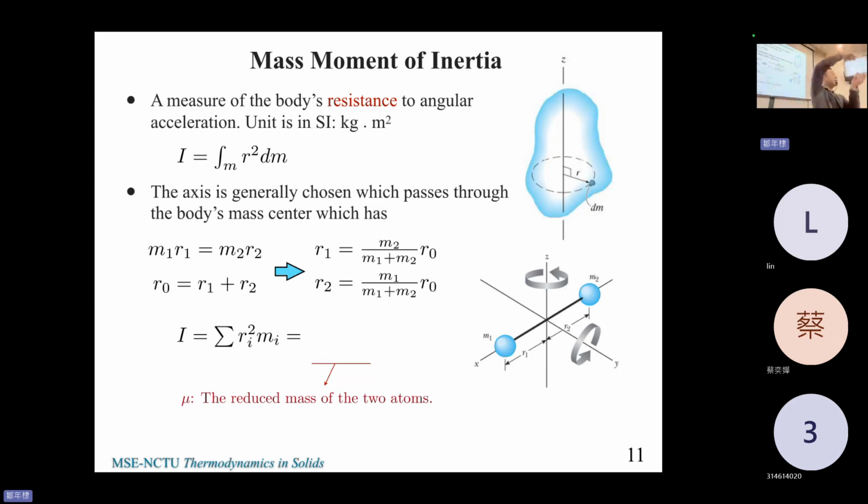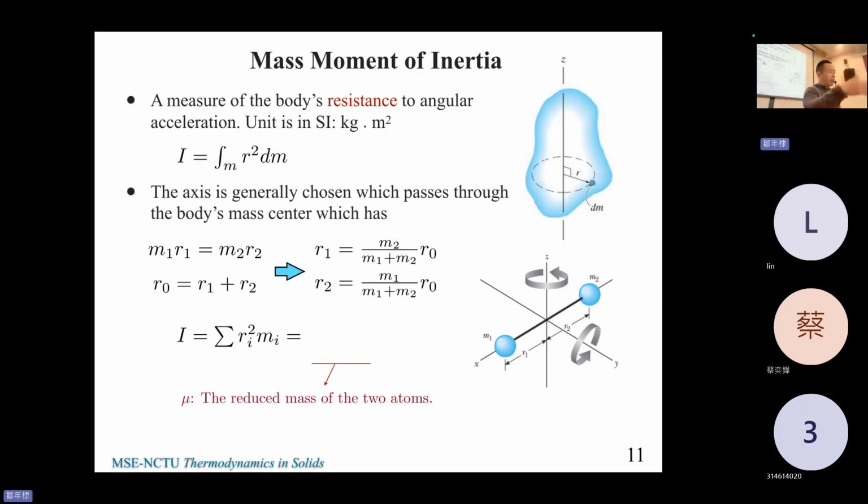So yeah, this is easy to rotate, right? But if you rotate with this axis, this is really difficult, right? This is not easy. So which means that the axis also affects the mass moment of inertia.